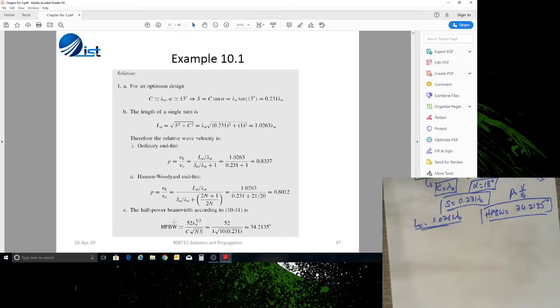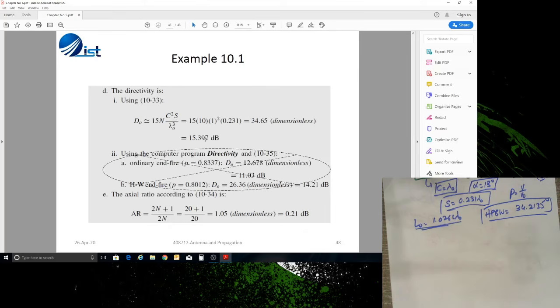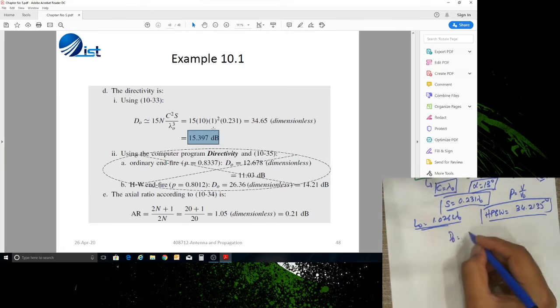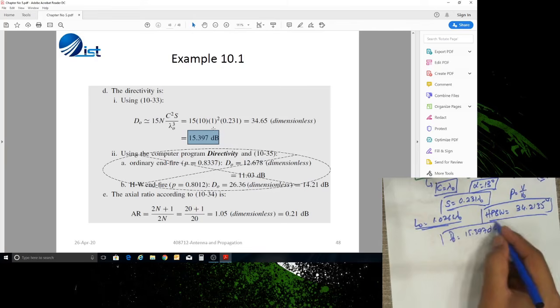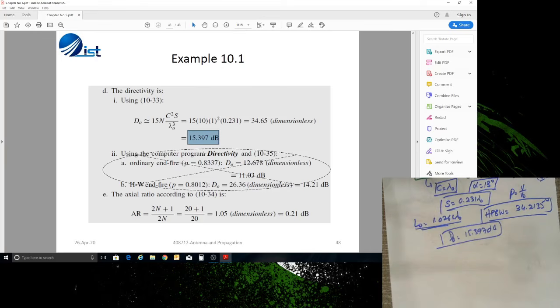So again, substitute all these values over here. तो आपके पास जो directivity आती है, it comes out to be 15.397 dB. ठीक है, और वो कंप्यूटर प्रोग्राम जो आपके इस बुक के साथ आए हुए हैं, but we don't have to worry about them. तो आपके पास जो डायरेक्टिविटी आ रही होती है वो comes out to be 14.21 and 12.678 for these two different designs.